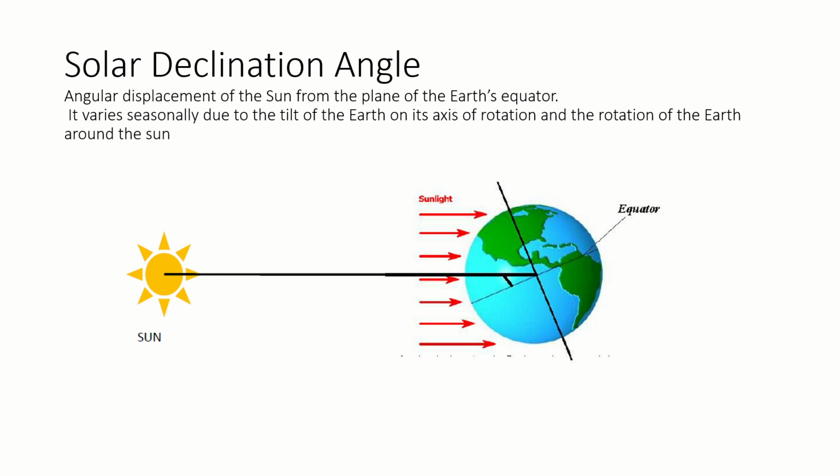Solar declination angle. It is the angular displacement of the sun from the plane of the Earth's equator. It varies seasonally due to the tilt of the Earth on its axis of rotation and the rotation of the Earth around the sun. As you can see, the Earth is tilted about its axis by an angle of 23.45 degrees, and this causes the solar declination angle.